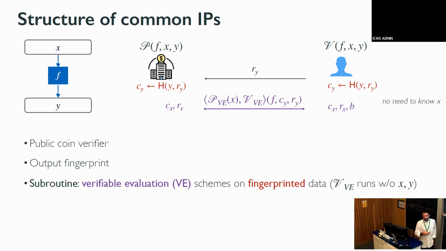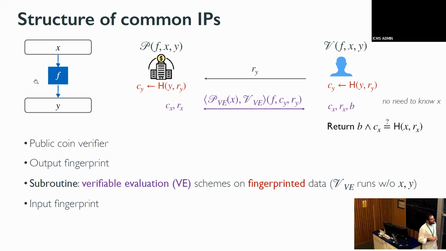And then they start a protocol where the verifier only knows the output fingerprint and its randomness, but it doesn't need to know X, and it does not need to know the output. And then, at the very end, this protocol returns some candidate values C_X, some value R_X. So these are computed jointly between prover and verifier inside the protocol. And then the protocol concludes by the verifier checking the bit B that this protocol is returning, so the acceptance bit of the verifier, and then you check the input fingerprint.